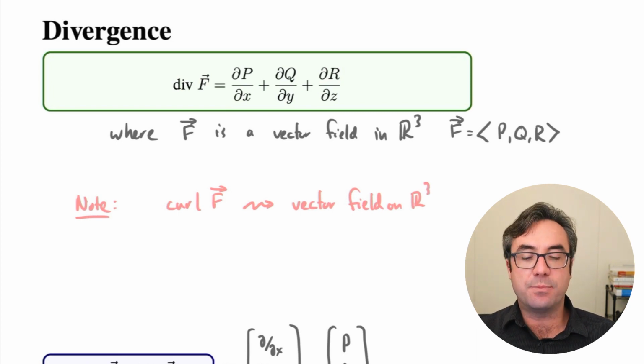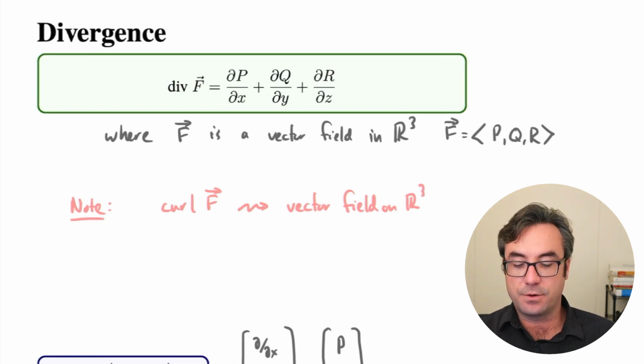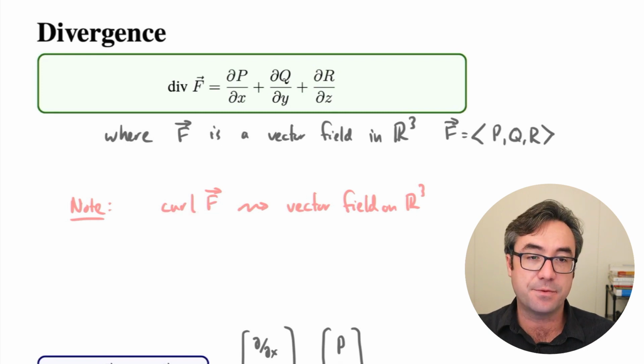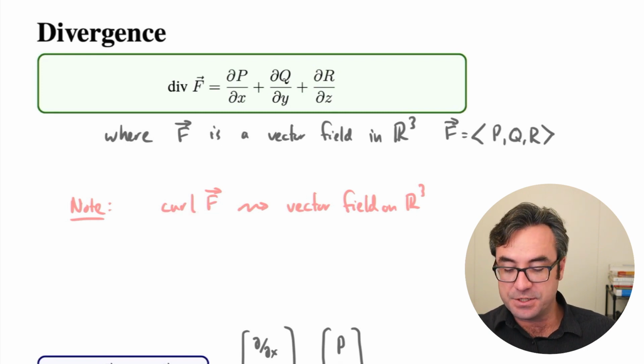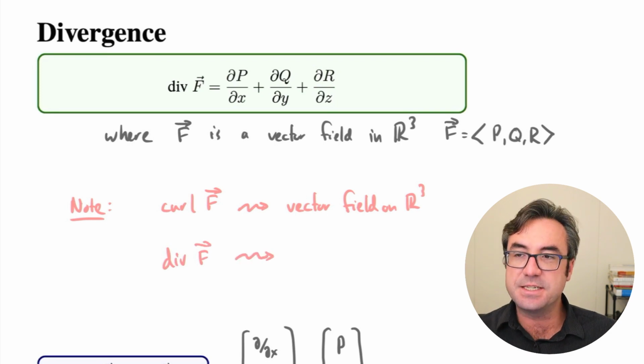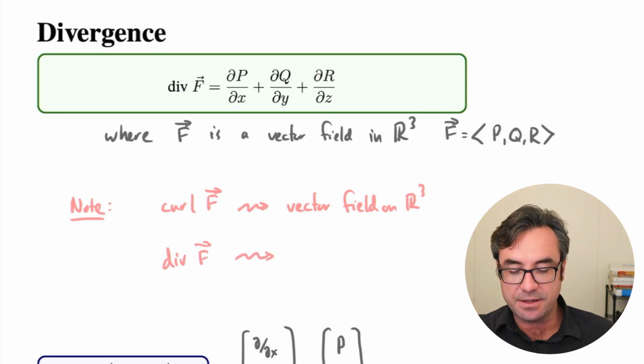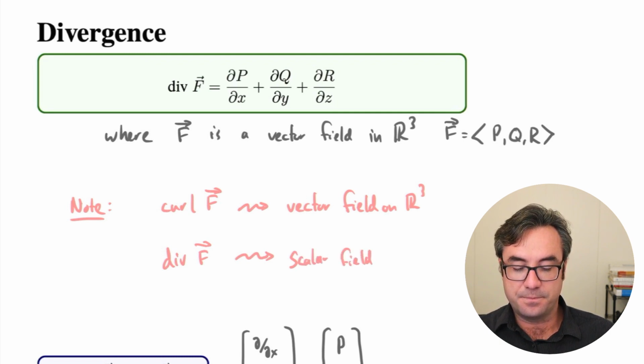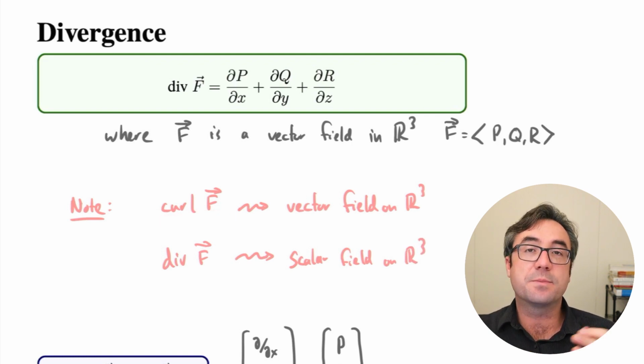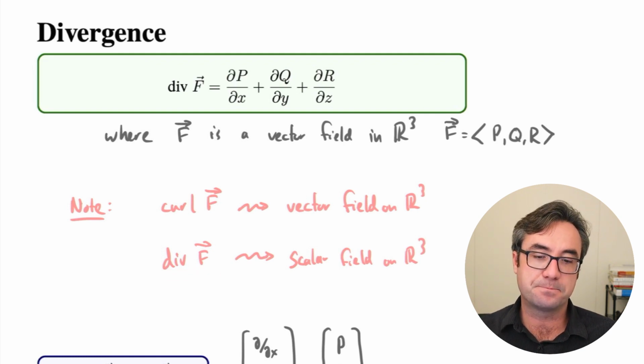So we actually end up with a brand new vector when we calculate the curl of F. What the divergence does of a vector field is this is not a vector. This is a scalar. So it gives us a scalar field on R3. So with curl, we end up with a vector. With divergence, we end up with a number, a scalar number. All right, so let's see an example of how to calculate this thing.